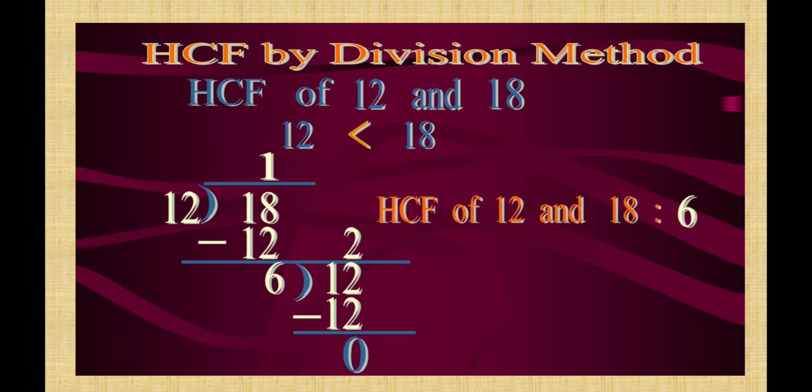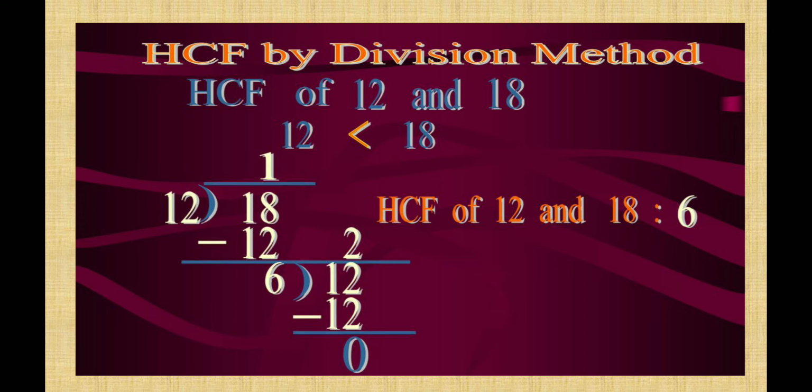Now you will divide 12 by 6. That means in the first step 12 is the divisor and 18 is the dividend, and you get remainder 6. Now this remainder 6 becomes the divisor, and the 12, which was the divisor, becomes the dividend.